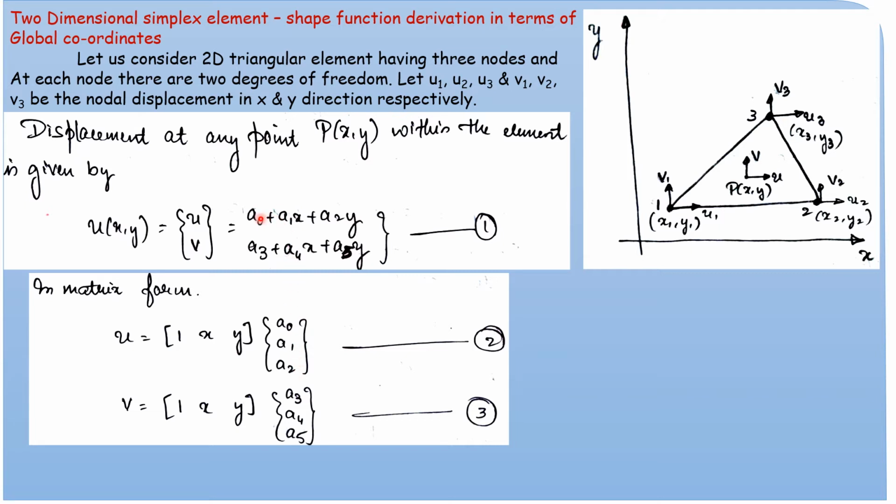You can see 1 is the coefficient of a0, x the coefficient of a1, y the coefficient of a2. If you multiply row into column, a0 plus a1x plus a2y, you will get back equation 1. Similarly it is written with respect to v, that is 1 x y times a3 a4 and a5.